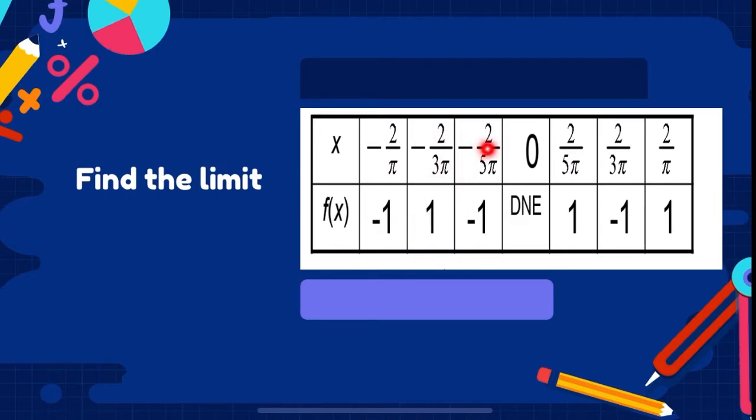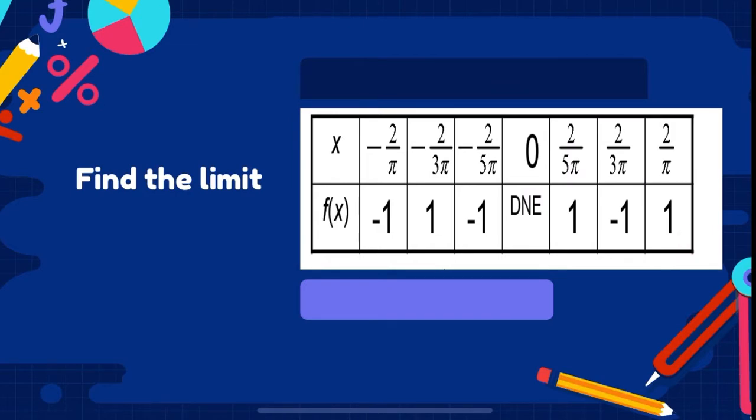And then when it's negative 2 over 5 pi, it's again negative 1. And if you look at it from the other side, when it's 2 over pi, f of x is 1, and when it's 2 over 3 pi, it's negative 1, and when it's 2 over 5 pi, it's 1. So we noticed that f of x is going negative 1, 1, negative 1, 1, negative 1, 1.